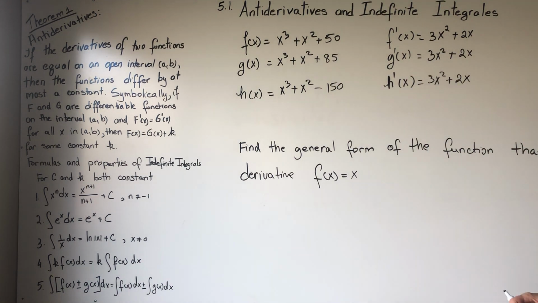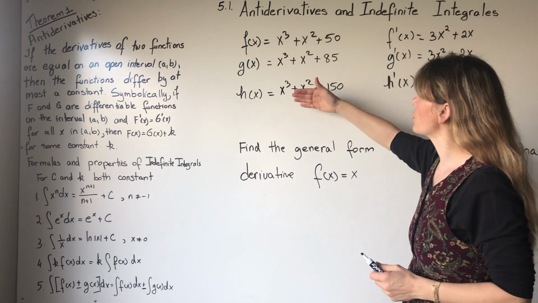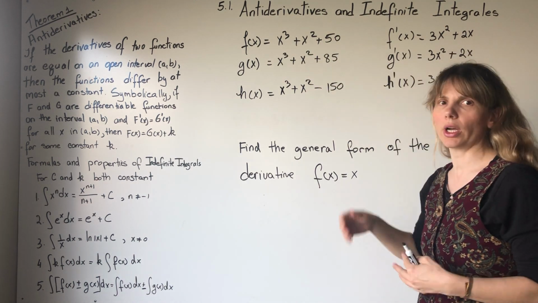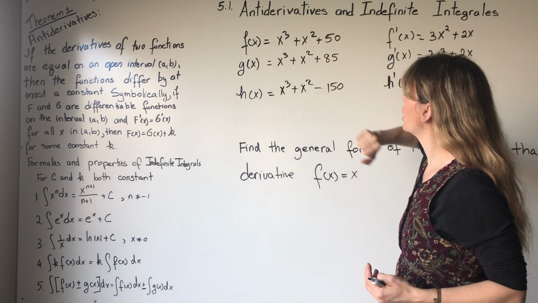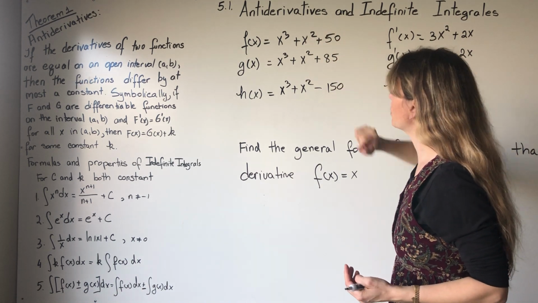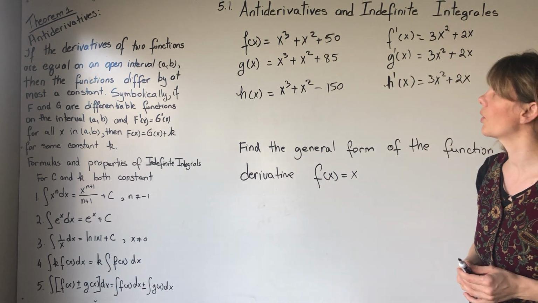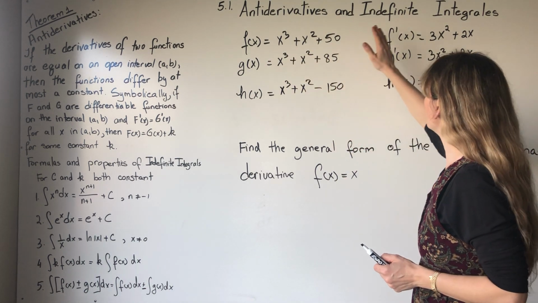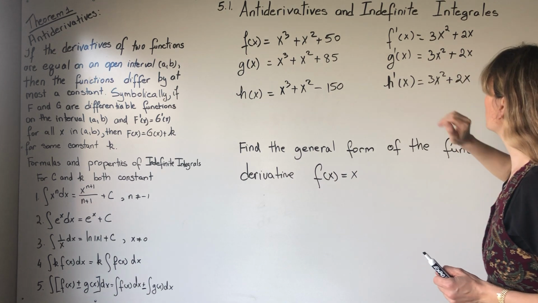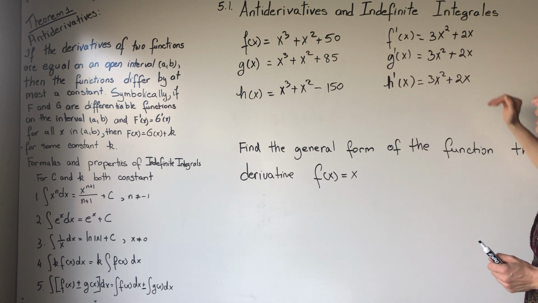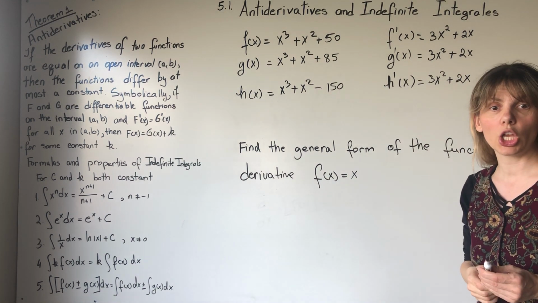If we look at these three functions, we can see that they are not the same, correct? Each function differs by a constant from the next function, so you cannot say they are the same. But if I take the derivative of each of these functions, we can see that the derivatives are exactly the same, correct?